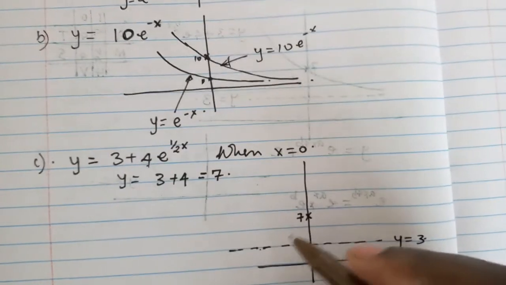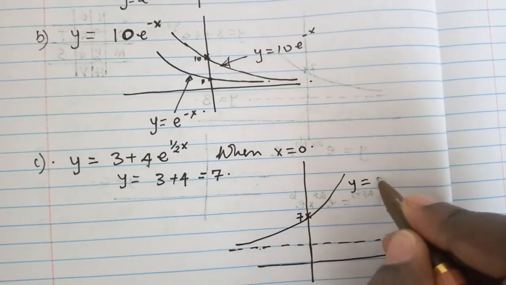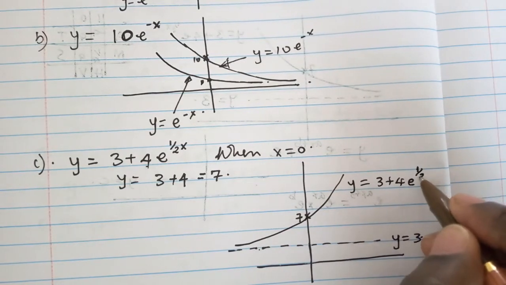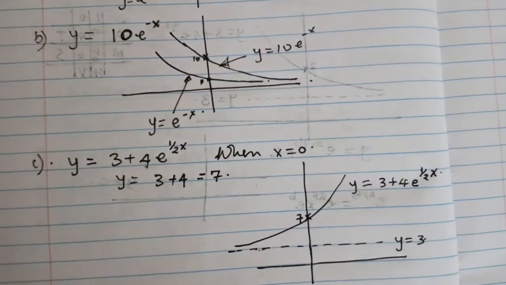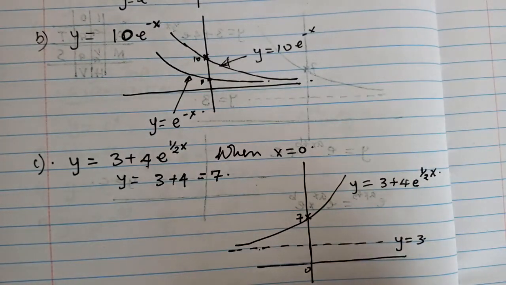And the graph looks like that. This is the graph of y is equal to 3 plus 4e raised to power a half x, and there we go. That's exactly what we have.